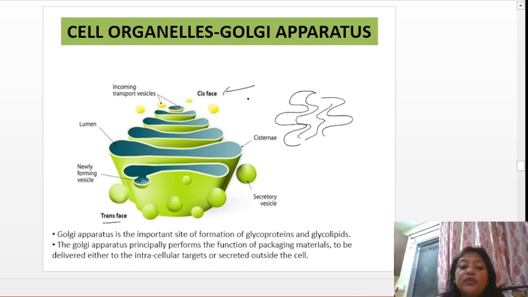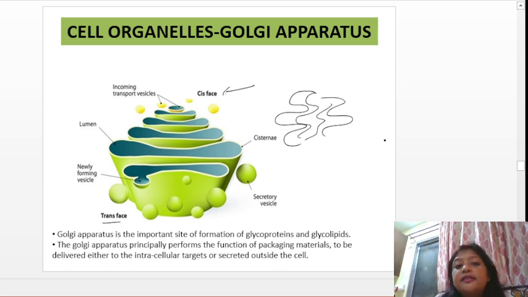What's happening is that when proteins are formed in the endoplasmic reticulum, they are transferred to the Golgi apparatus. Out here, packaging, modifying, and then transport of the proteins produced in the endoplasmic reticulum take place. Remember this, very, very important.